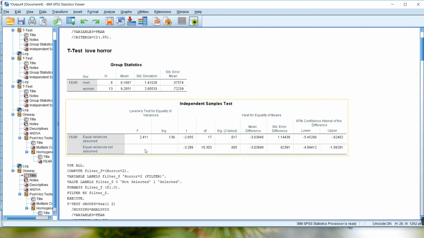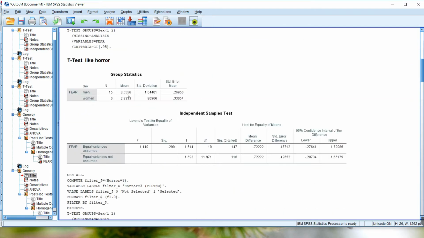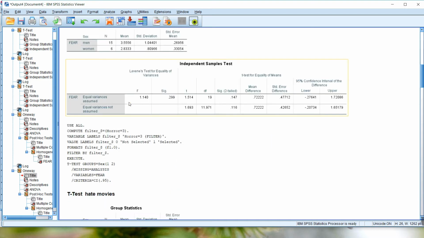All right. So when they love horror movies, we saw that women reported more fear. Now the question is, are we going to see the same pattern here? And the answer is no. If we just look at like, there was no significant difference between men and women. So the pattern is different for like than it was for love.